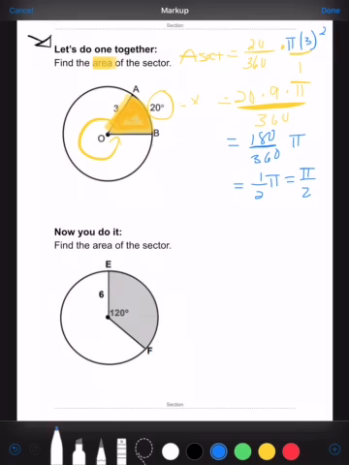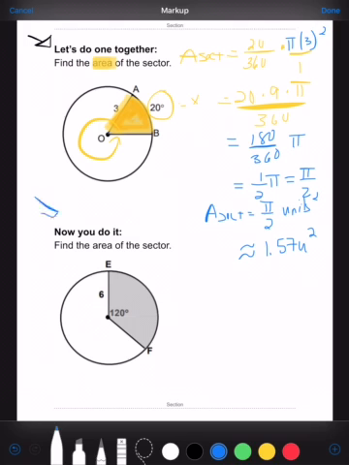So the area of the sector is going to be pi halves, and then the units are squared. So we just write units. We can plug this in the calculator, and this is going to be about 1.57 units squared. Remember, never round to the whole number unless you are told to. Okay, so that's about it.